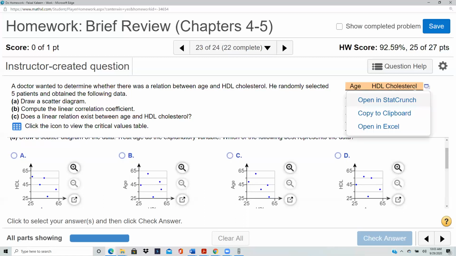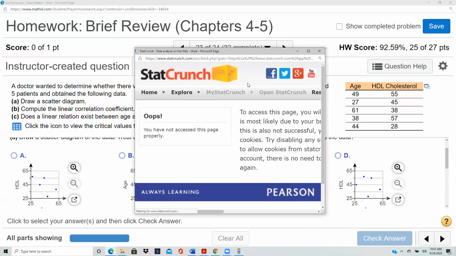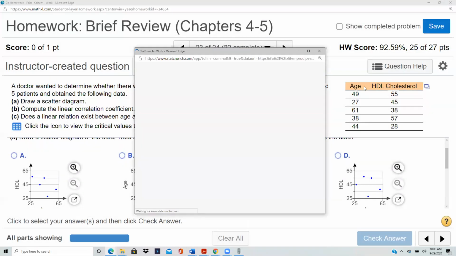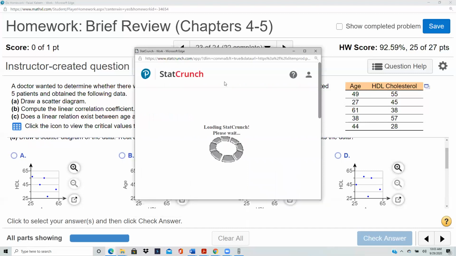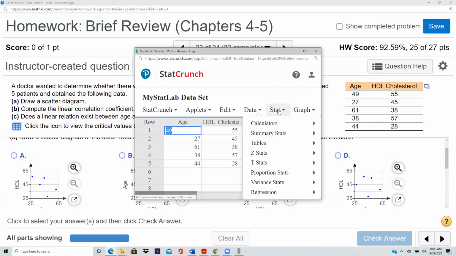Now we have to do StatCrunch anyways for the other parts, so let's get started on that. Usually if it takes that long, then maybe you should do it on StatCrunch. So what's the command?